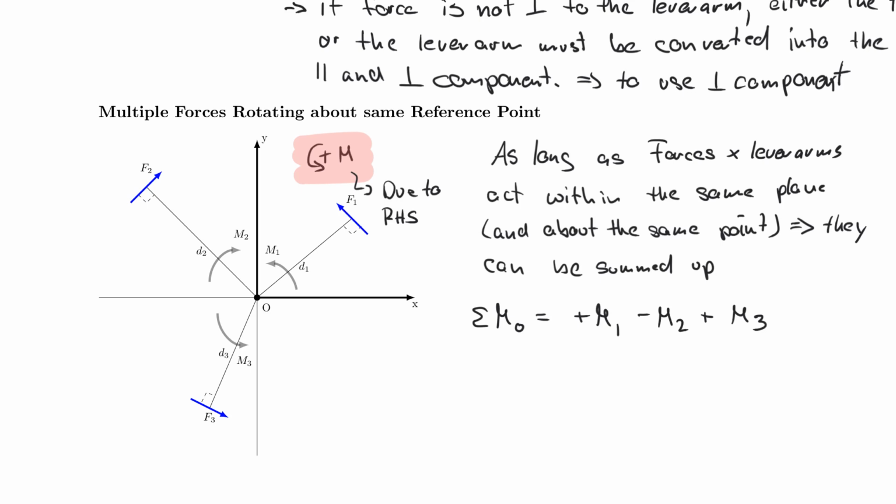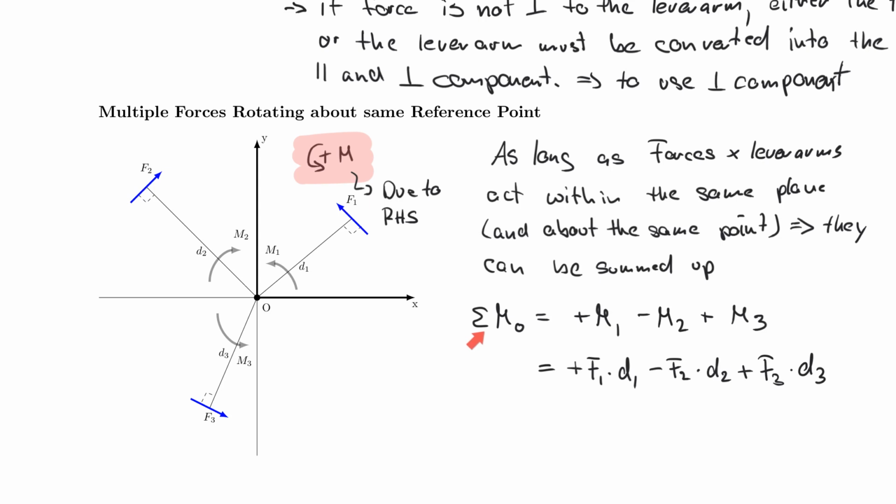And now I can complete my formula here on the bottom. I can also say that it's plus F1 times D1, which is the perpendicular distance, of course, minus F2 times D2, plus F3 D3. And that is what this picture tells you, because we are finding the moment about point O for all of these forces that all act in the two-dimensional plane.